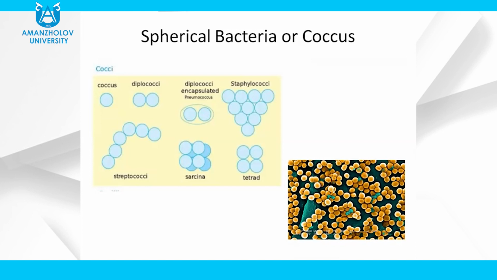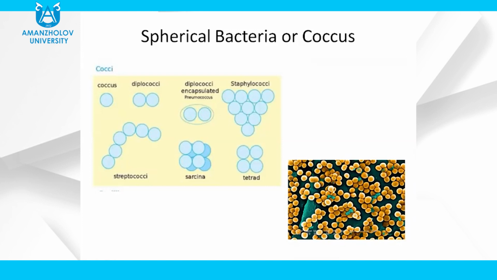On an average, the diameter of a spherical bacterial cell ranges between 0.5 and 2 micrometer, and between 0.25 and 1 micrometer for rod-shaped or filamentous bacteria. Spherical bacteria or coccus. These bacteria are round, flattened cells adjacent to each other.